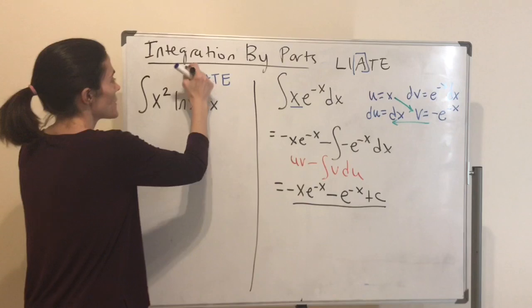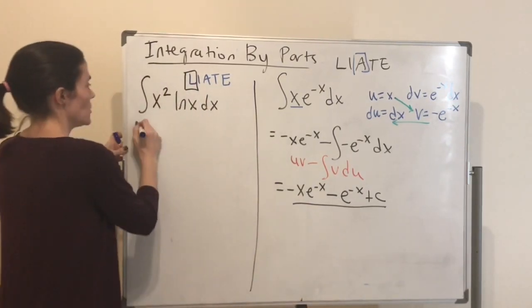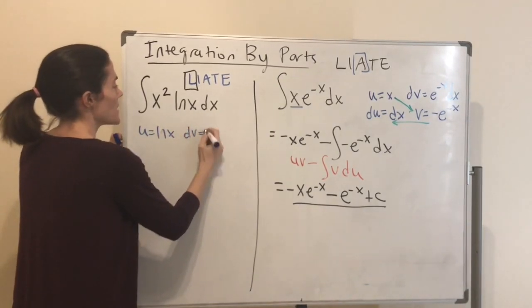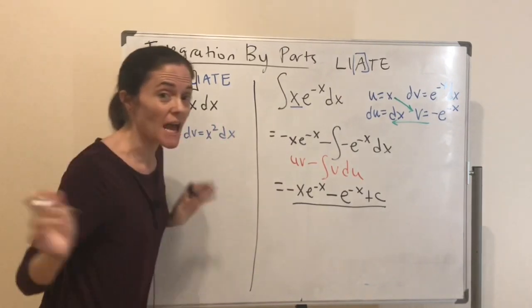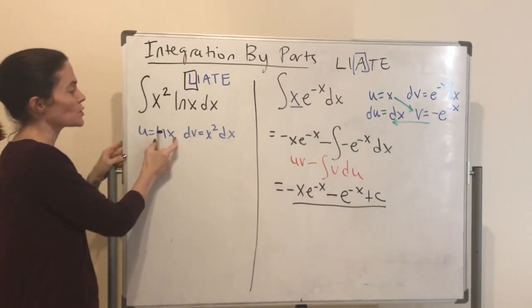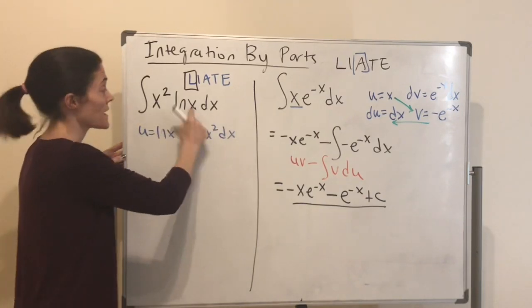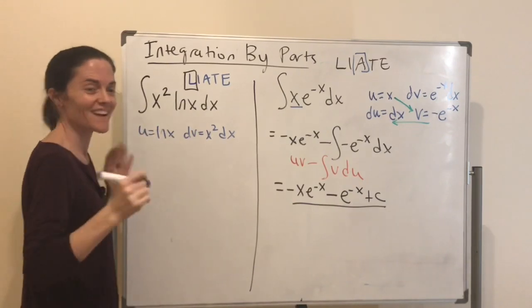So we stop here. This says my u will be ln x, and dv will be everything else, which is x squared dx. And again, check. Make sure when you multiply u times dv that you have your whole thing except the integral sign. And in fact, I do. I have x squared ln x dx, right?